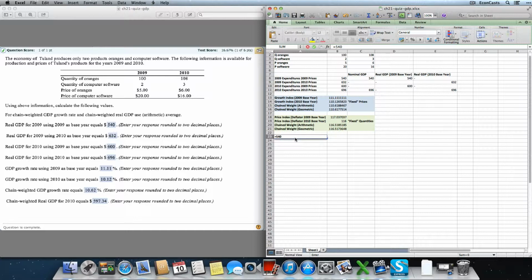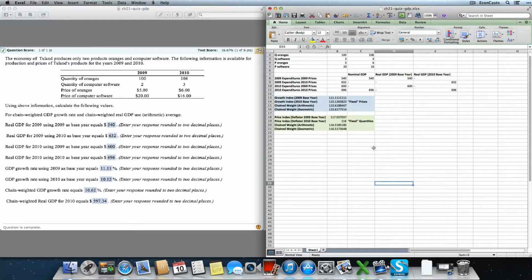You can see from our cell B8 up here, the real GDP in 2009 was 540. And we're going to multiply that by the chain weight increase. So we're just going to take 1.1062, okay, and we're going to arrive at 597.34. And if we put that in, we'll get the right answer.